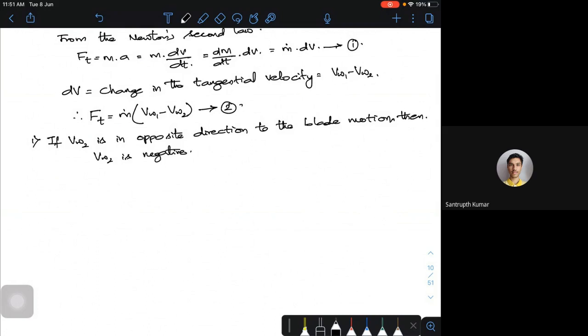Therefore, Ft will be equal to m dot into Vw1 minus (minus Vw2), which is m dot into Vw1 plus Vw2. I am calling this equation 3.